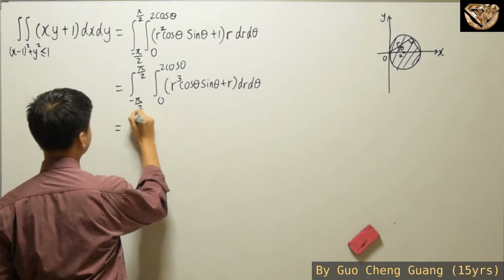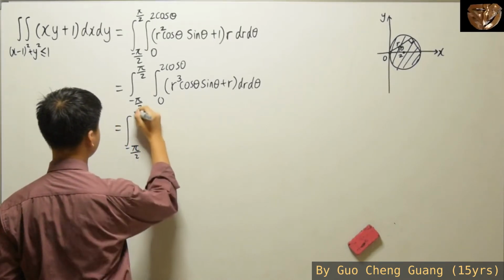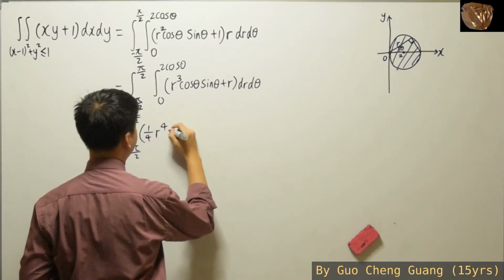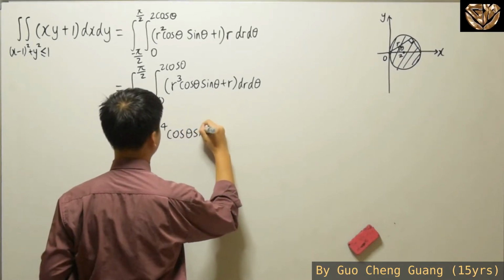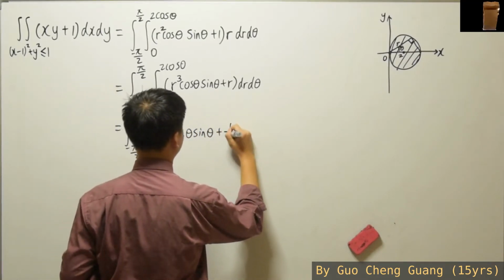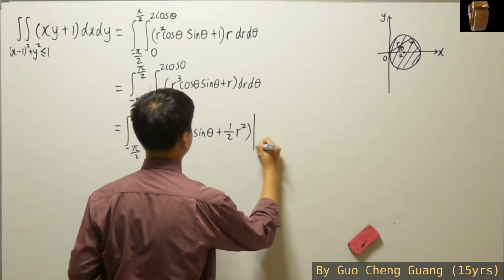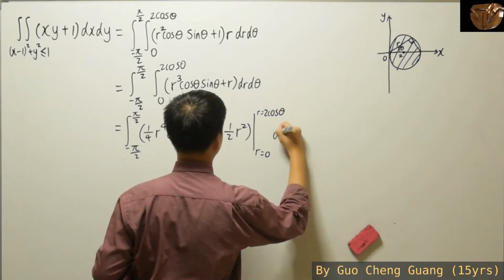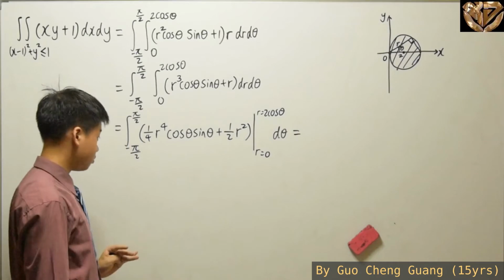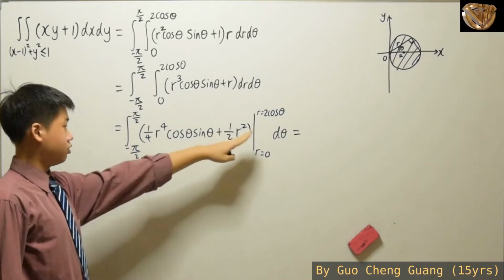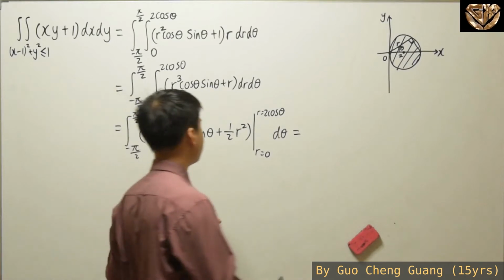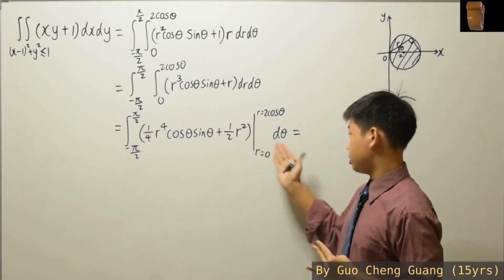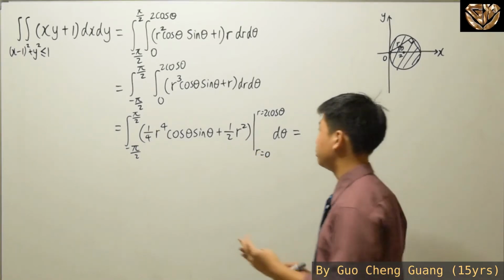That means r cubed becomes 1 over 4 r to the power of 4, times cosine theta sine theta, while r becomes 1 over 2 r squared. And then of course you have to substitute r equal to 0 and r equal to 2 cosine theta, with d theta. We could substitute in both of these values now. But if you're aware, since both terms have a power of r, when you substitute r equal to 0, it is essentially 0.